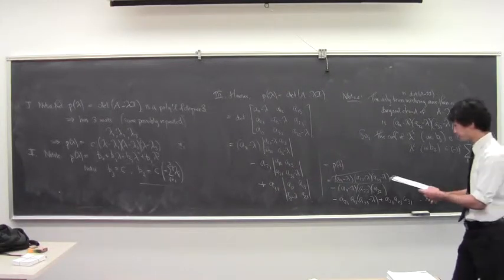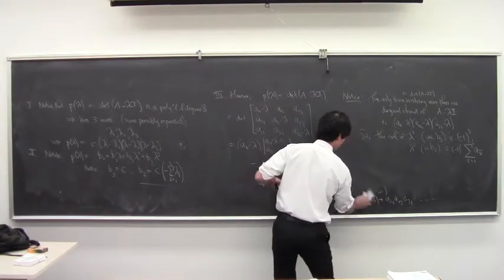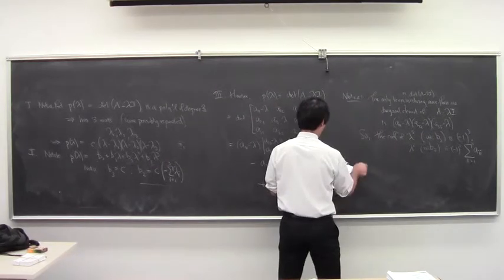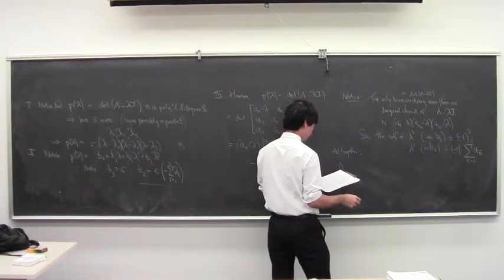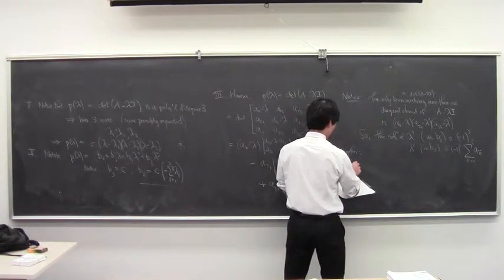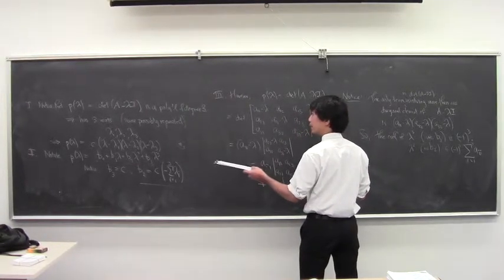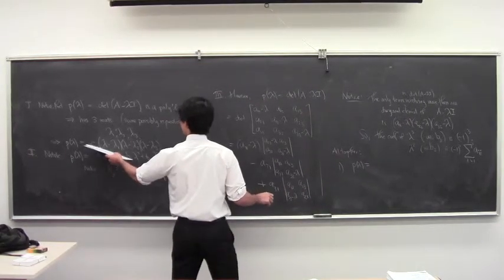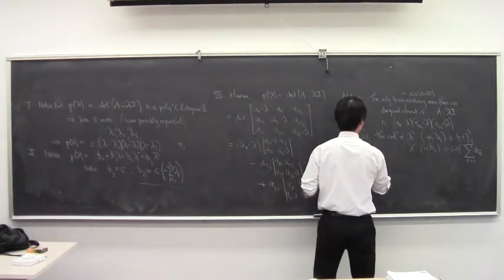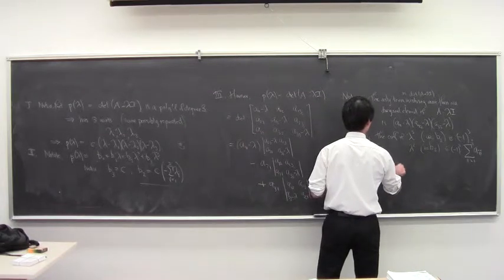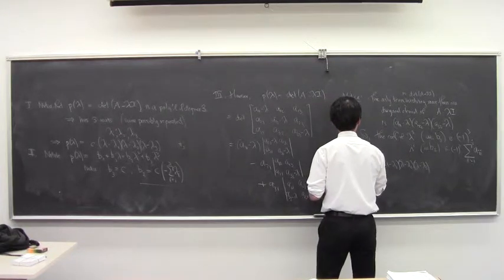So all together, our first observation is that P of lambda we can think of as some constant, the constant is B3, which is negative 1 cubed, times lambda minus lambda 1, lambda minus lambda 2, lambda minus lambda 3. And that's from fact star 1.